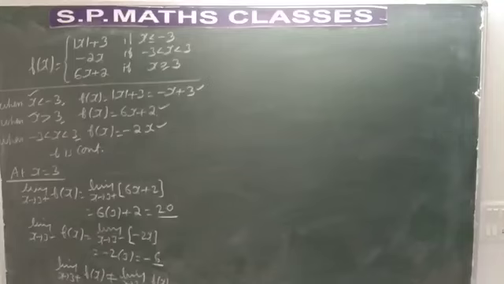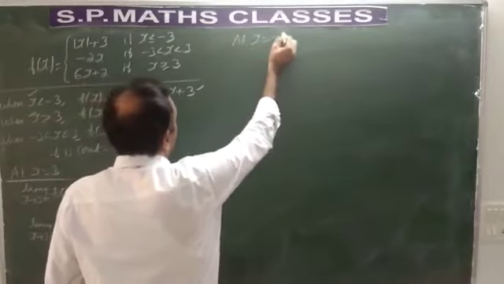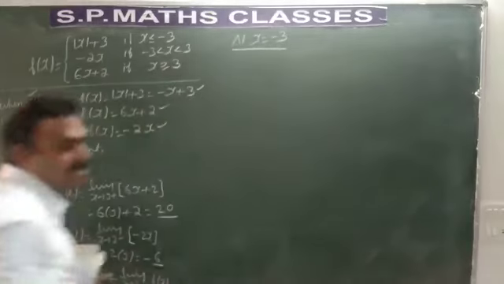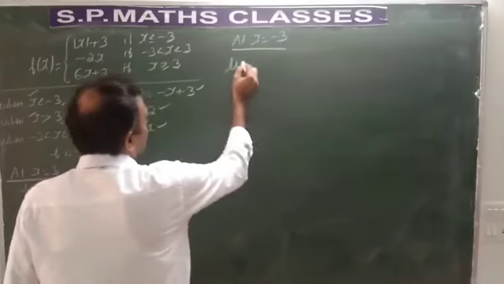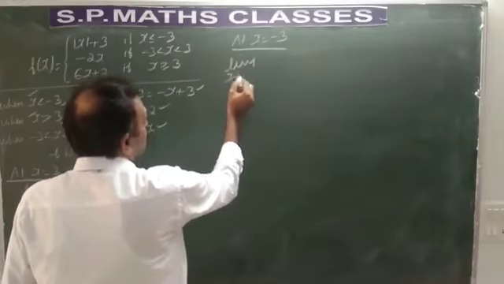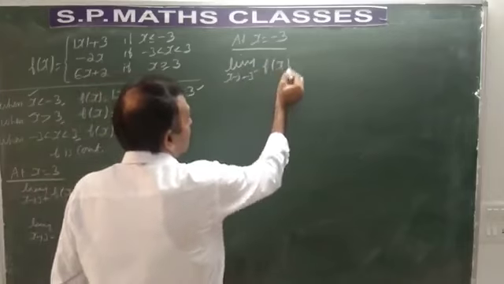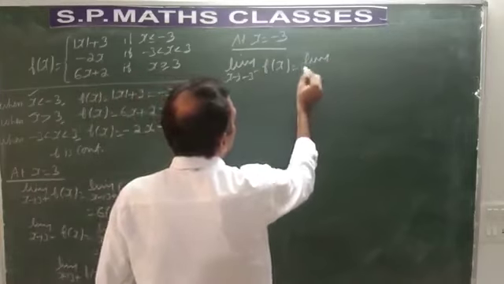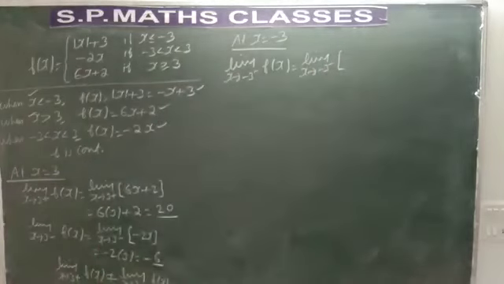Now I take x is equal to minus 3. You need to find both the left hand limit and right hand limit for this. Limit as x tends to minus 3 minus of f of x. So we need to take x less than minus 3.